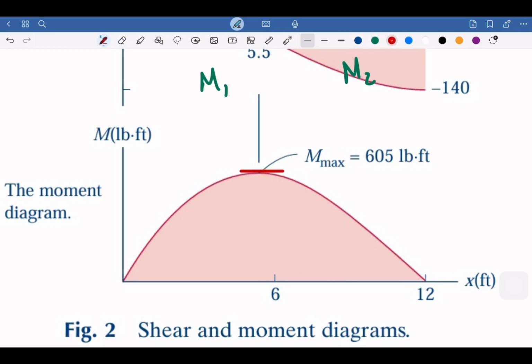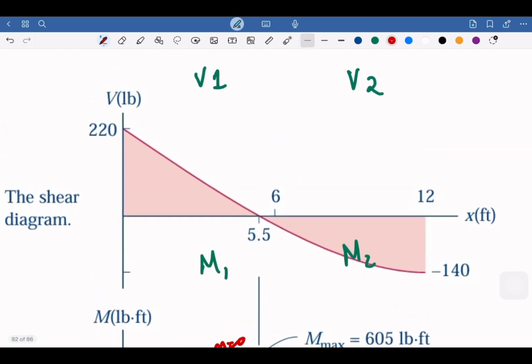If we look at V1 and V2, because V1 and V2 are the derivative of the moment, we can see that this is changing from positive to negative, which gives a local maximum. So there will be some calculus here, because you will deal with derivatives and integrations, but it will be simple derivatives and simple integrations.